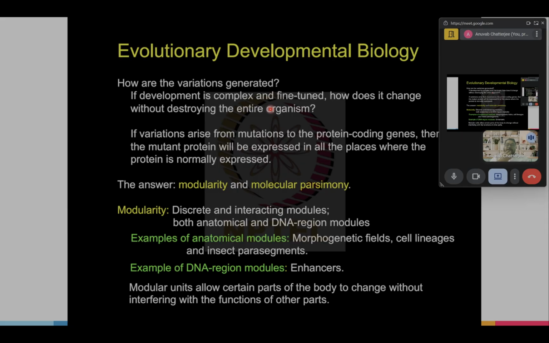But the question is, how does evolution take place? So evolution takes place by introducing minute changes in the developmental program of different organisms.